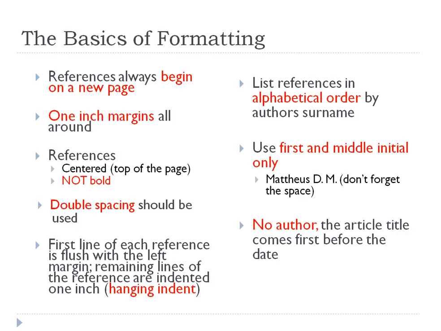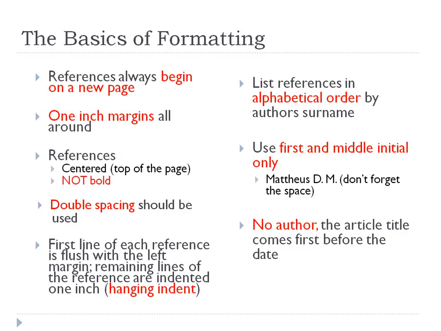Also, you want to list your references in alphabetical order according to the author's surname or last name. You're using their first and middle initial only, and you don't include any titles. So it's not PhD, APRN. You're just including their first and middle initial.